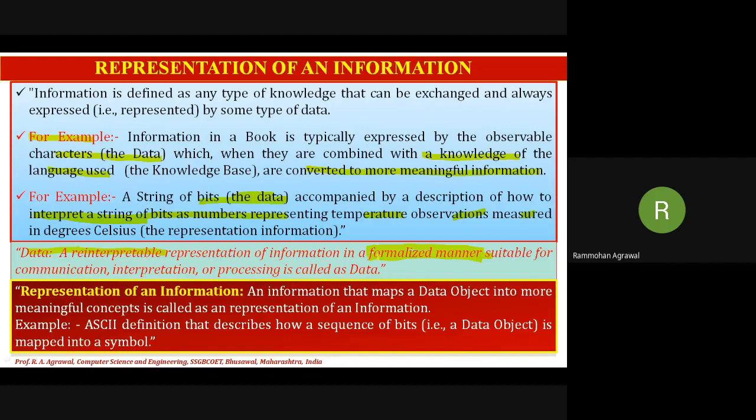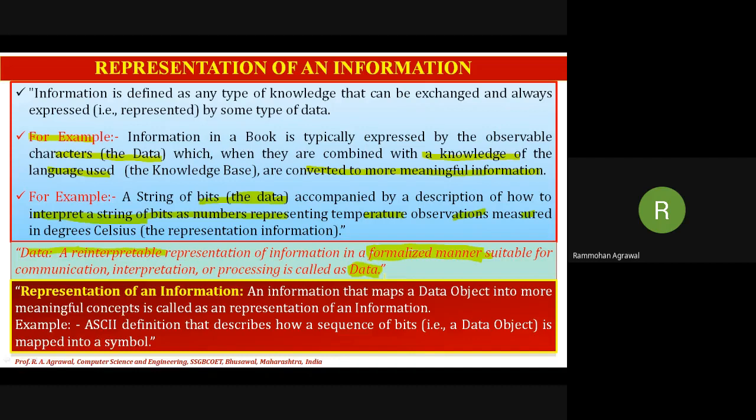That criteria is a formalized manner suitable for communication, interpretation, or processing. So this information can be used for communication, interpretation, and processing, and when these types of operations on information are performed, that information becomes your data. So I hope it is clear what is information and what is data.